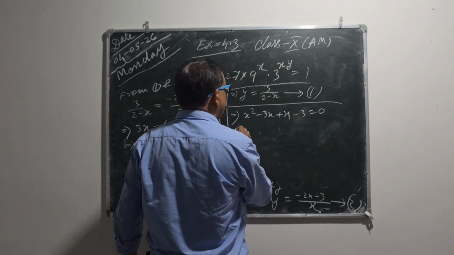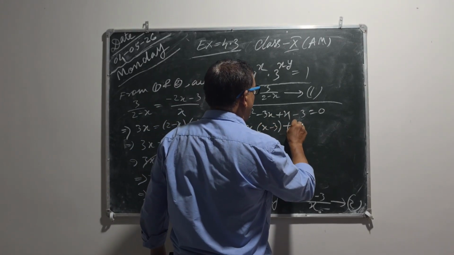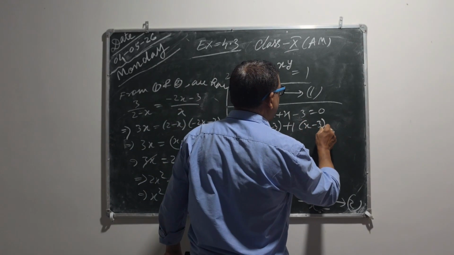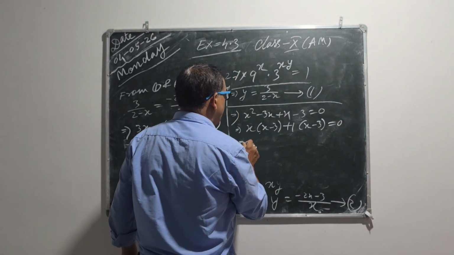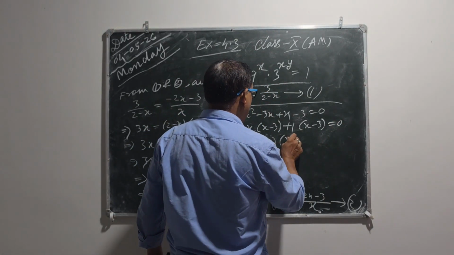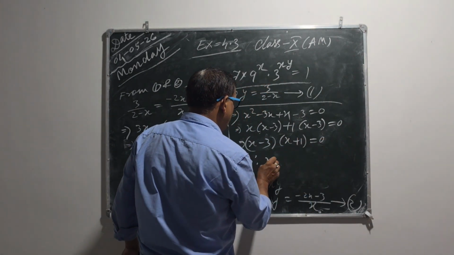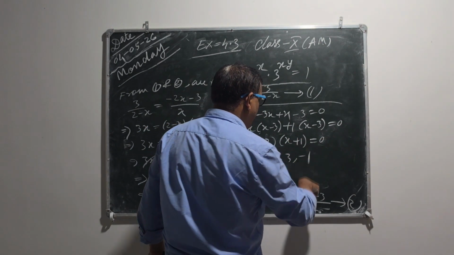So now let us take x common. It will be x minus 3. Let us take 1 common, so it will again be x minus 3 is equal to 0. That means x minus 3 whole into x plus 1. Therefore, x equal to 3 comma minus 1.